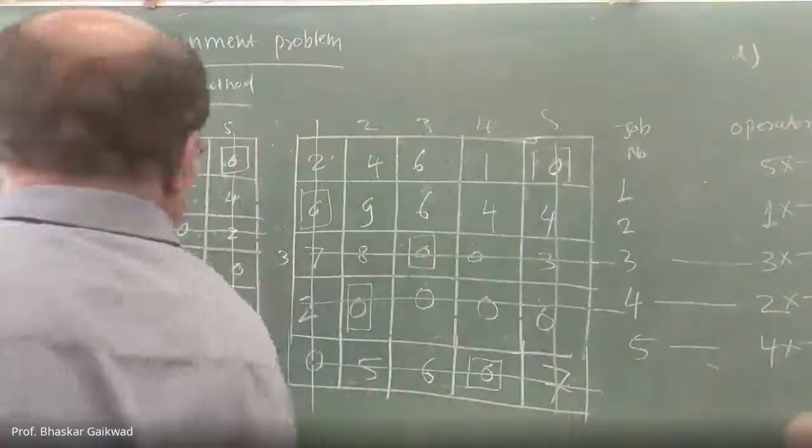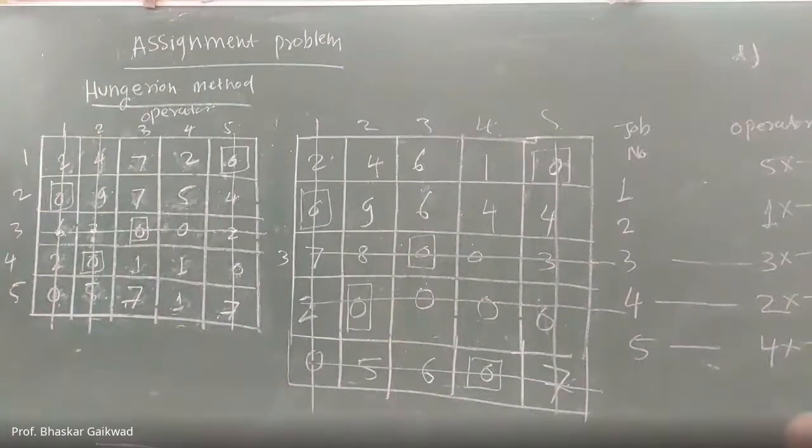Problem that you have to solve: what is the fifth value here? 7.